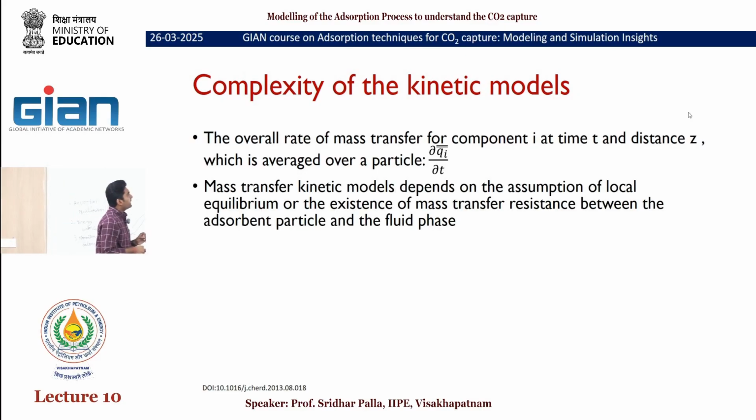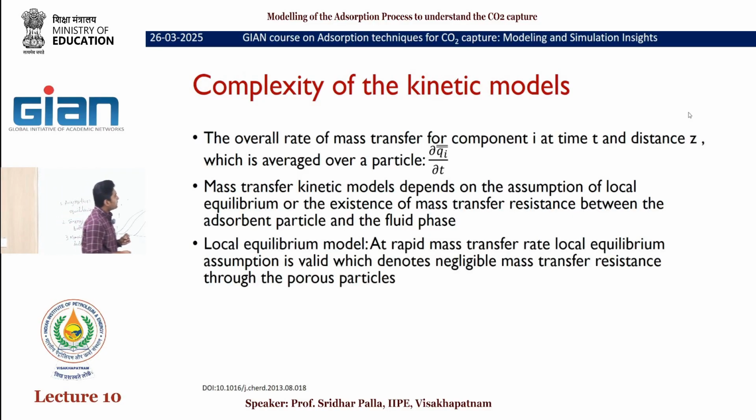So, mass transfer kinetic models depend on assumptions. We can assume local equilibria, local mass equilibria, that means the amount of gas that is adsorbed will be equal to the Qi bar. So this local equilibria simplifies the mass balance equations.